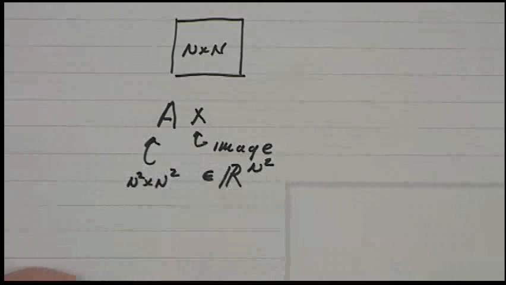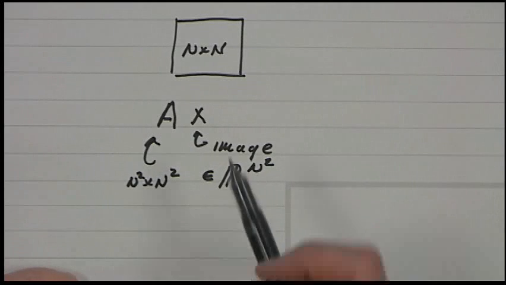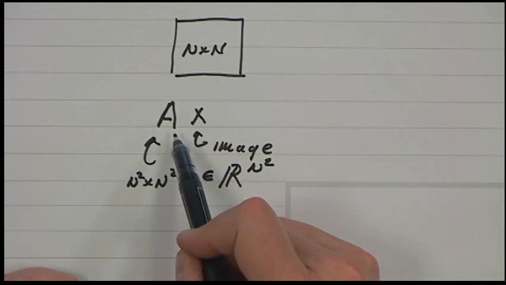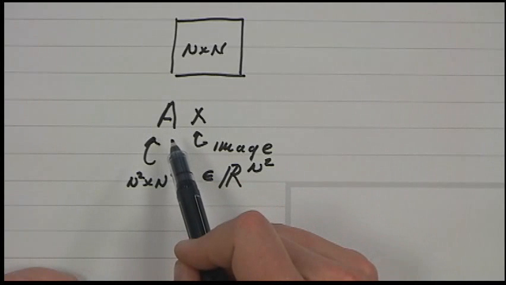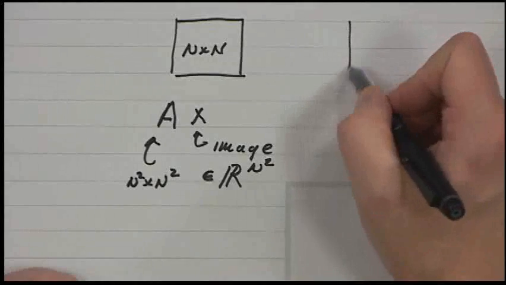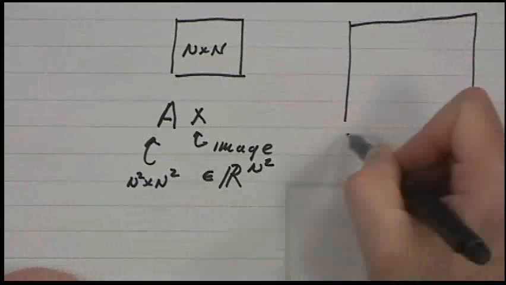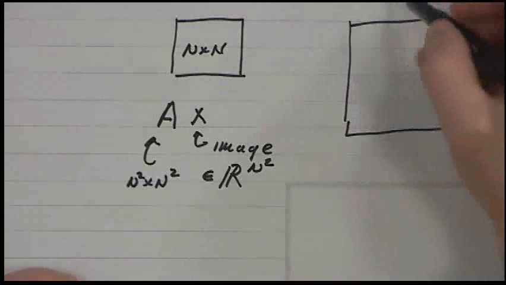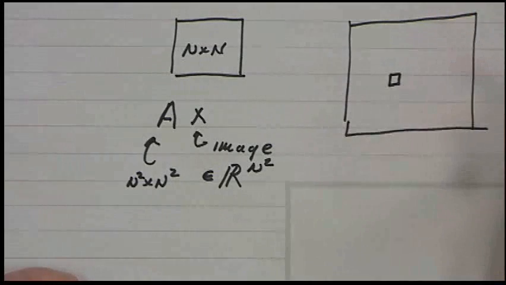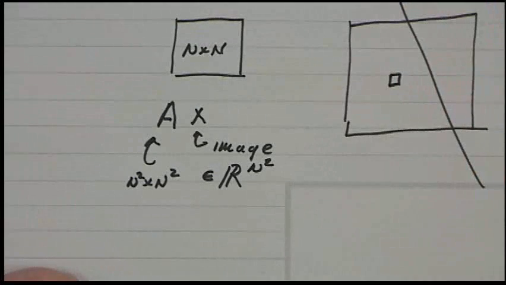So A gets to be really huge. But fortunately, most of the entries in A are 0. If you have an image with some voxel, and you take some projection, chances are the projection doesn't go through that voxel.